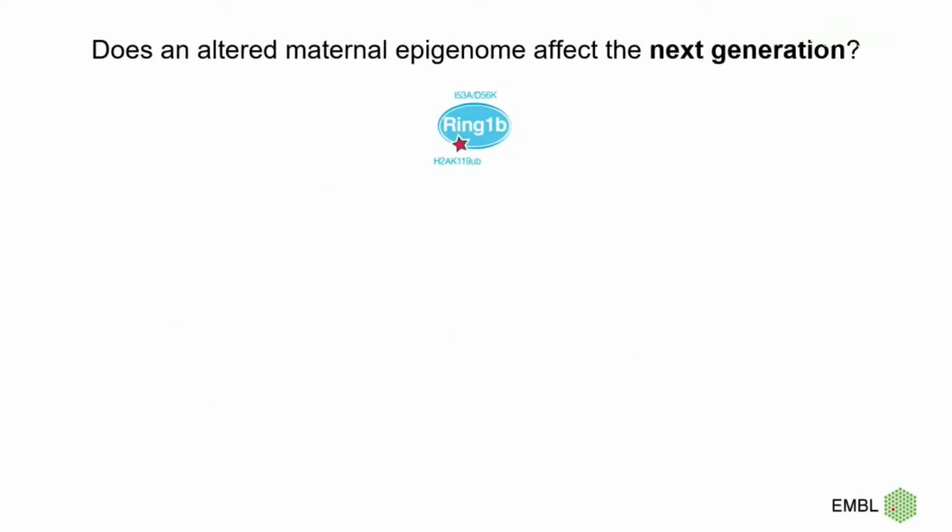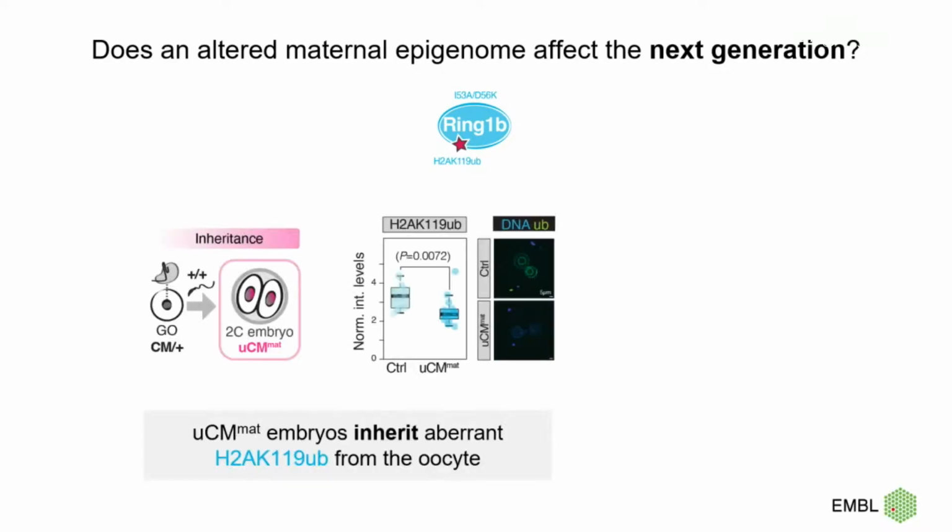On the other hand, for Ring1b, we tested what we really care about, which is the inheritance. So what happens if an embryo inherits an aberrant maternal epigenome? The way we do this is by fertilizing the mutant oocytes with wild-type sperm. This implies that the resulting embryo is inheriting an aberrant maternal epigenome but receives a completely wild-type copy from the father.